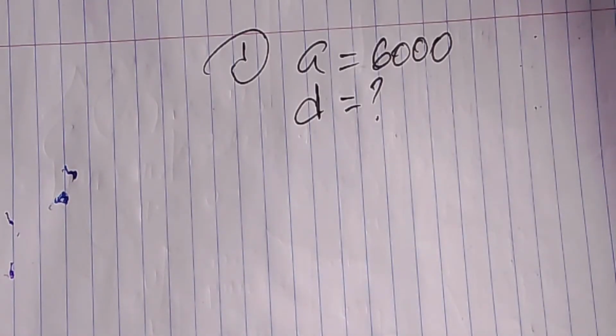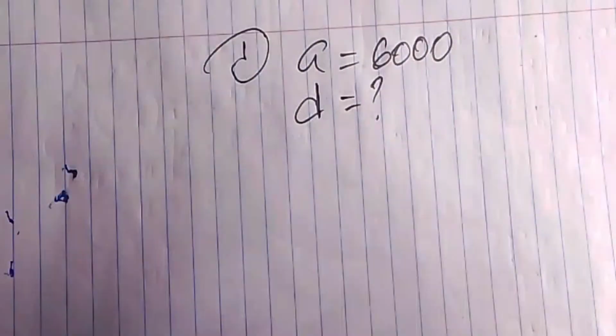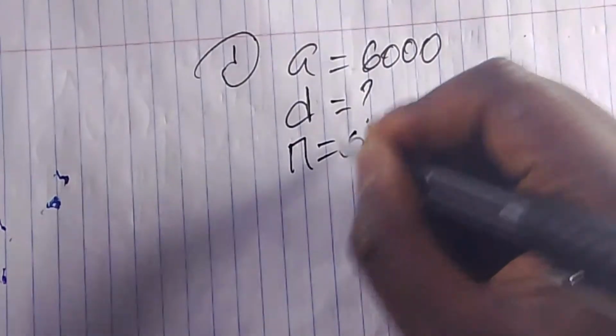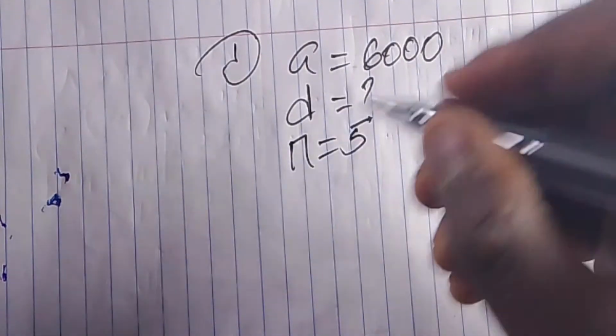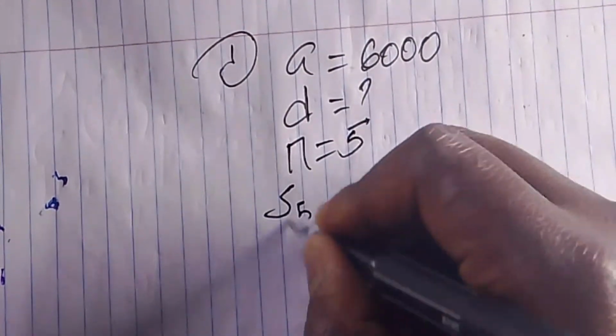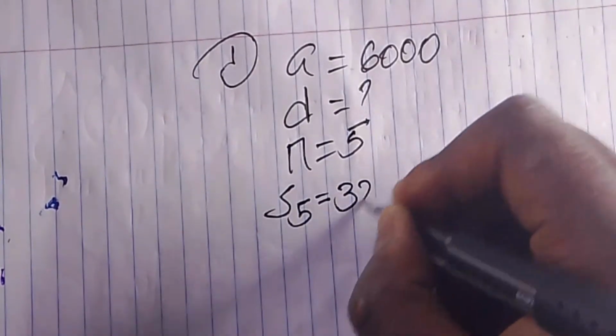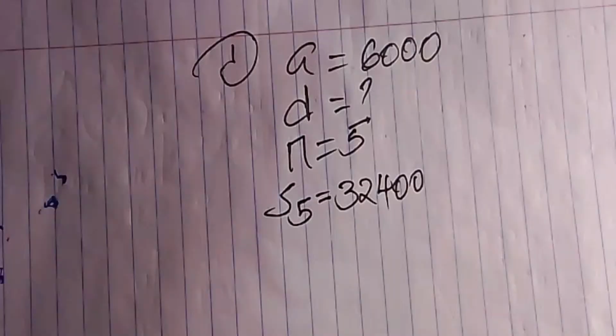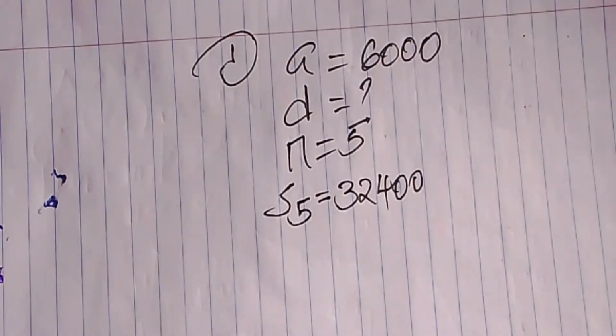If he earned a total of 32,400 by the end of 5 years. So by the end of 5 years, this employee earned a total of 32,400 Kenyan pounds. Calculate his annual increment.